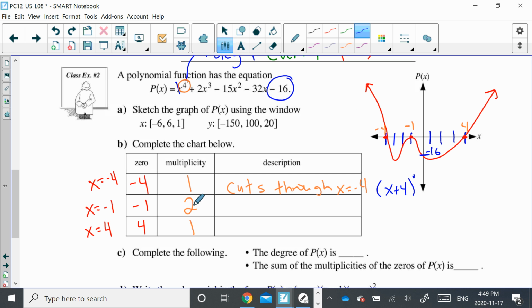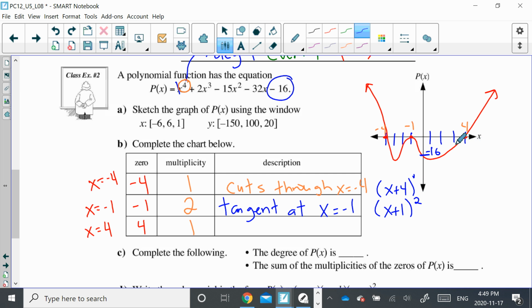Multiplicity of 2. What's the description? The description is tangent at x is equal to negative 1. What that factor would be, the factor would be x plus 1, and I know that the multiplicity is 2.